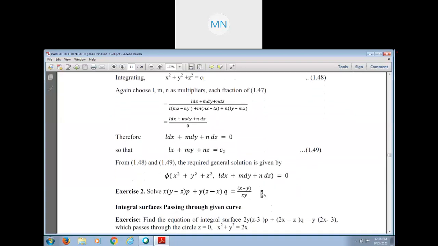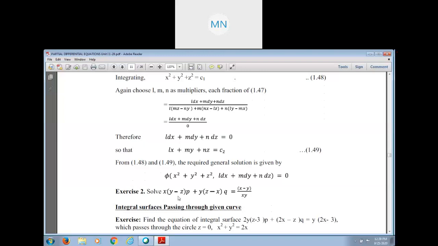Okay, and try to solve this equation. This is the third type of equation. x into y minus z into p. Try to solve this one. It is like homework.